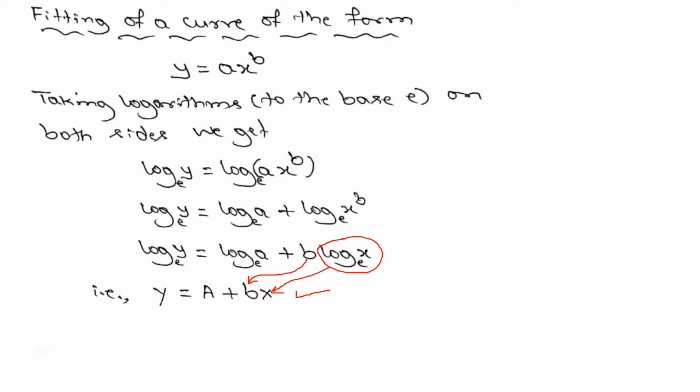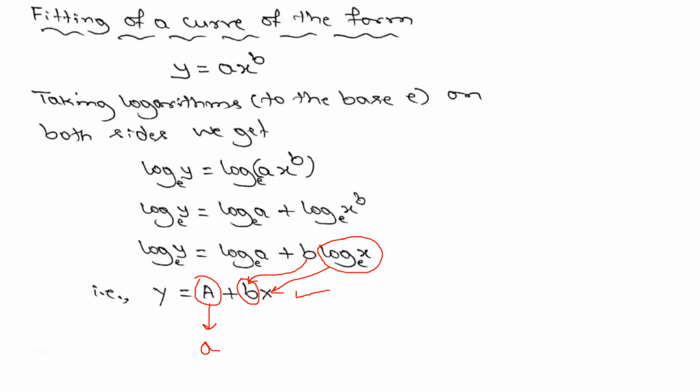In that normal equations we are going to find the values of capital A and small b. After getting capital A we need to get back small a. Let us see how do we do that.